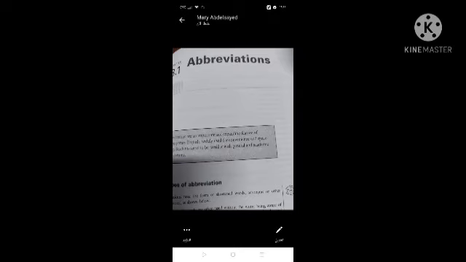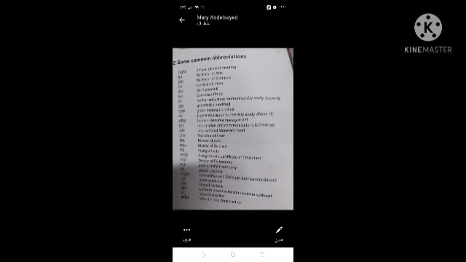They are pronounced as one word, okay? But as I just mentioned, it's a combination of initial letters of a complete phrase.